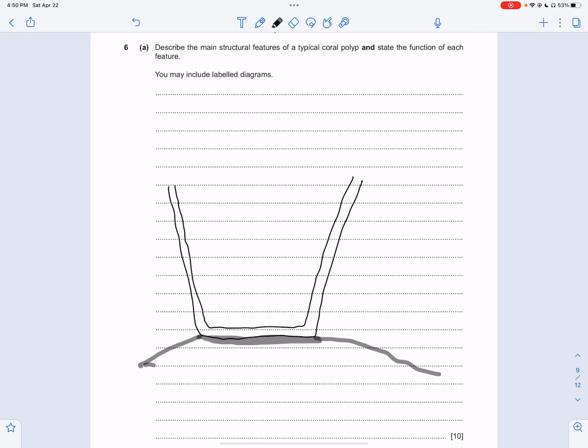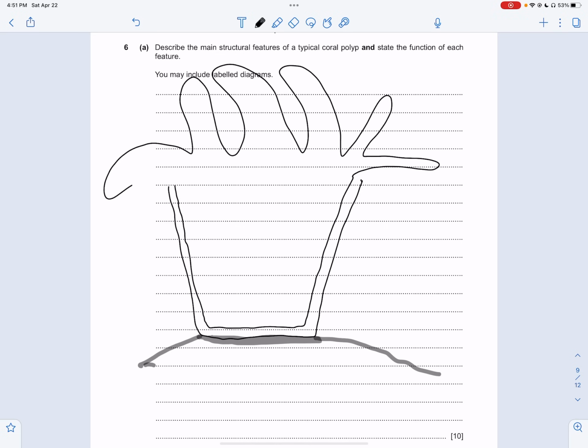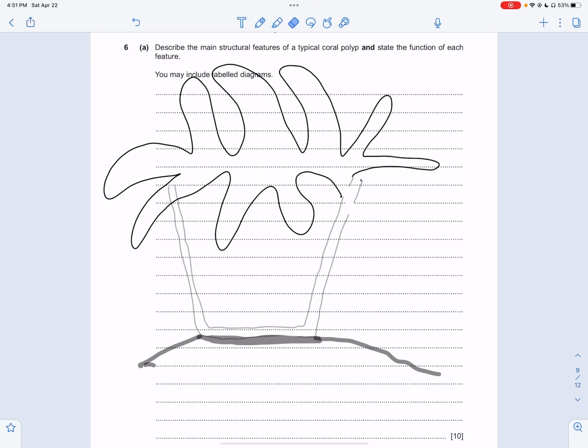All right. And then the top. Outside, his tentacles. It's not my best, but it's also definitely not my worst.